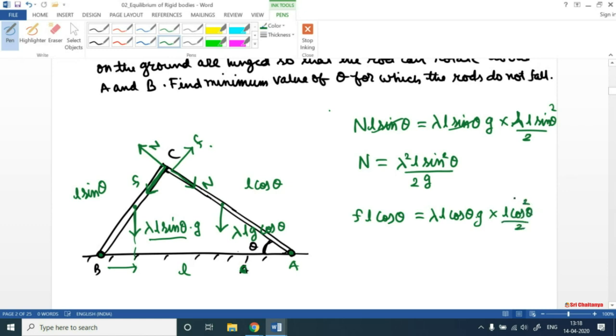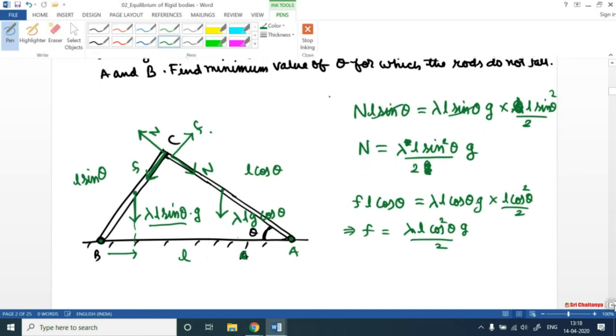So F would be lambda L cos square theta G by 2.